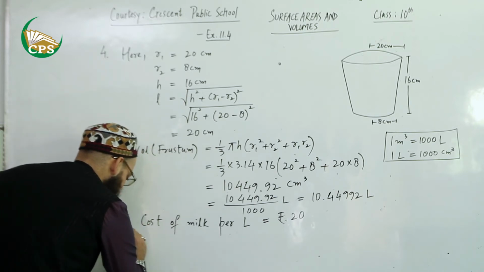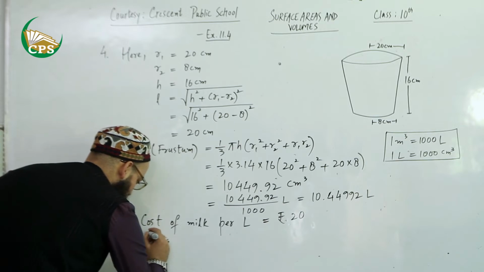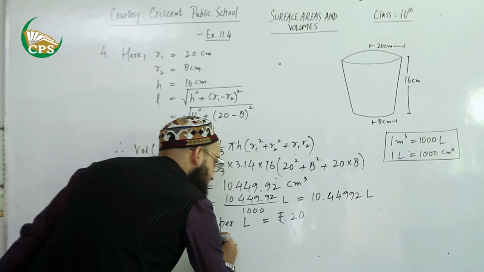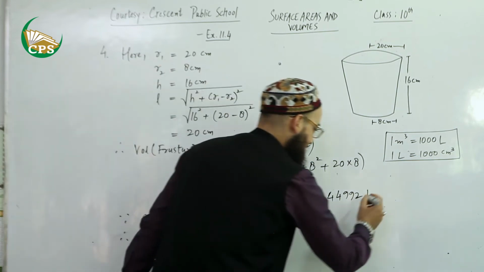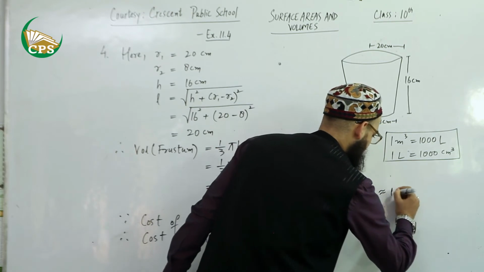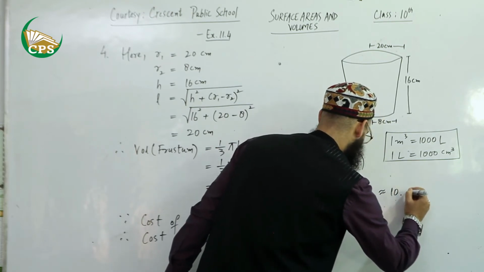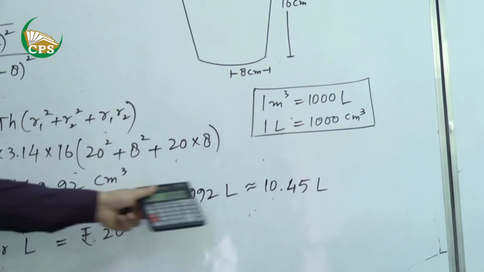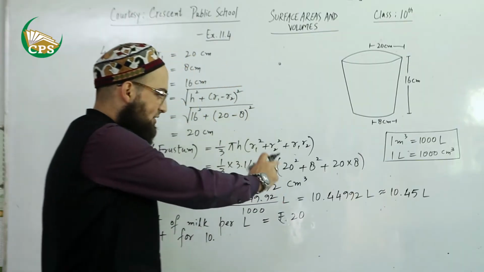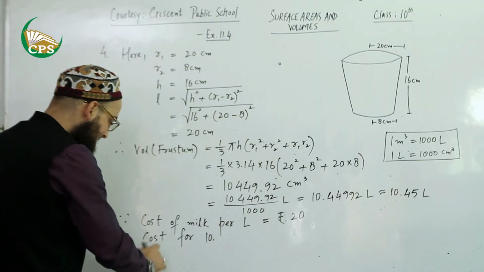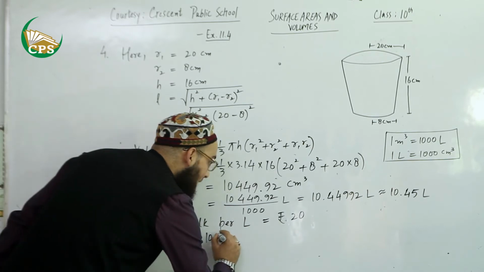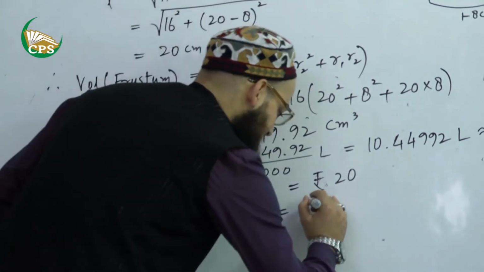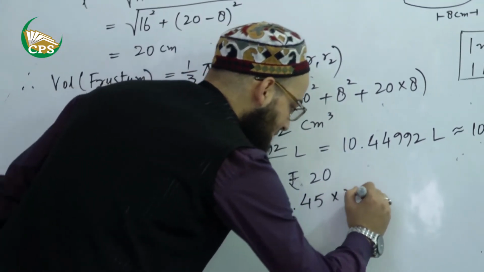I can say this is approximately equal to 10.45 liters. Therefore, cost for 10.45 liters is equal to 10.45 times 20.